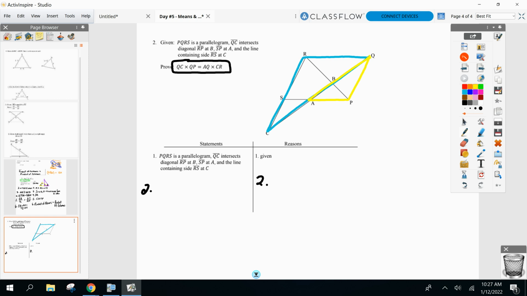Let's try that. RQ is parallel to QA. SP. So could you say RQ? Could you say B? You say RQ is congruent to QT. Or B, right?